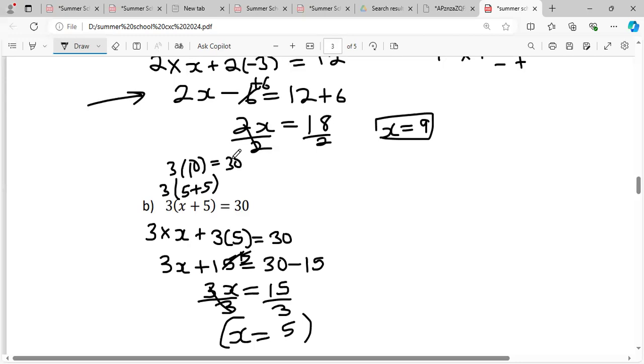You work out what's inside the bracket first, after you get the value. Now let me know when everyone finishes so we can proceed.